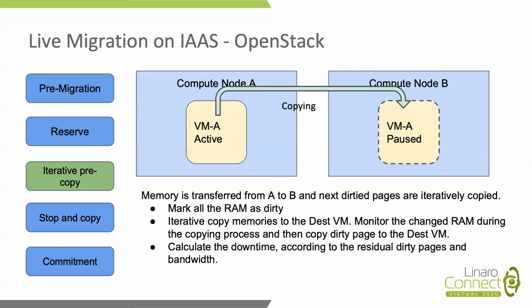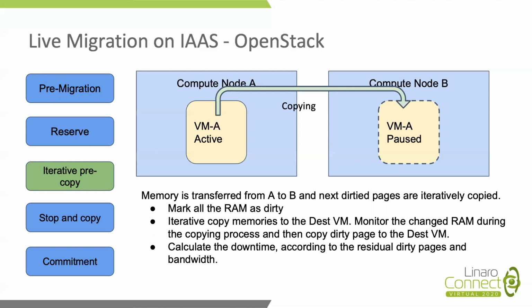During migration, it's easy to calculate the time according to the remaining dirty pages and bandwidth, which is a very significant signal for stopping the iterative process, because when the calculated time is less than the threshold, Libvirt will trigger the next phase, which we call the stop and copy phase.